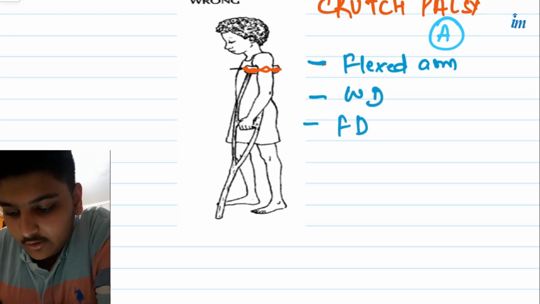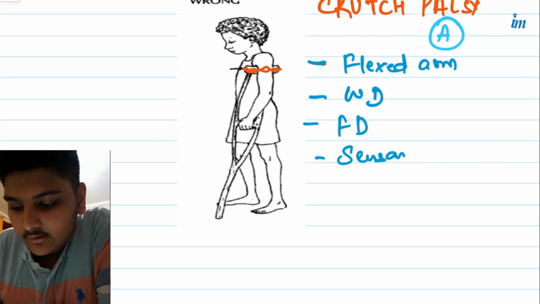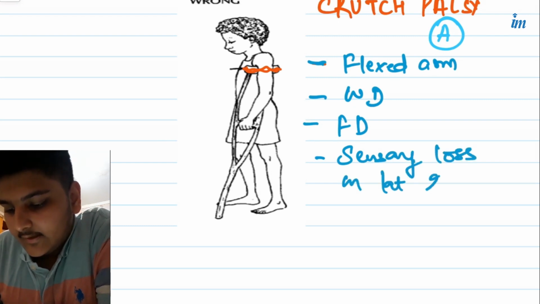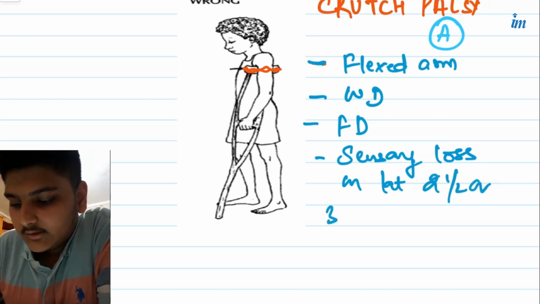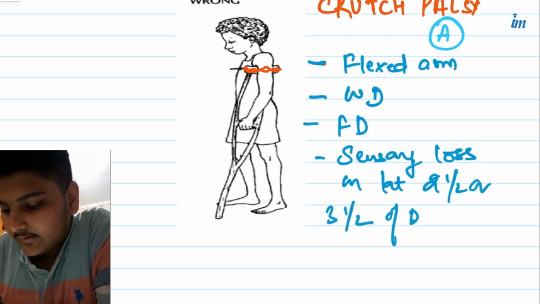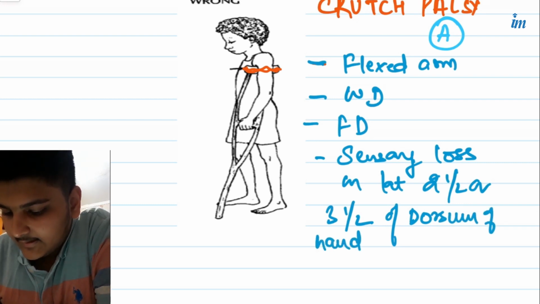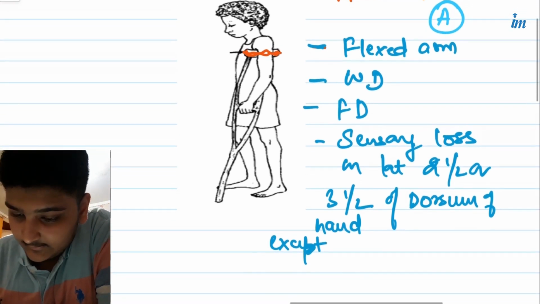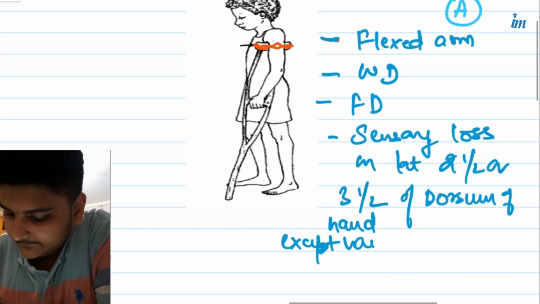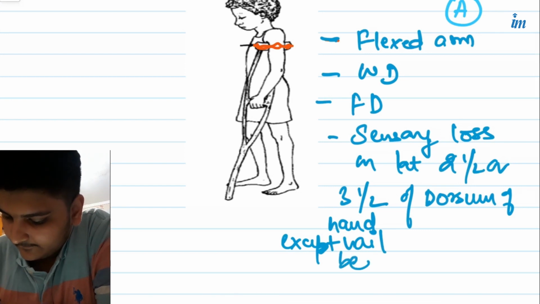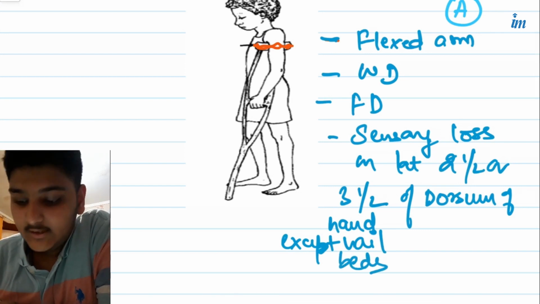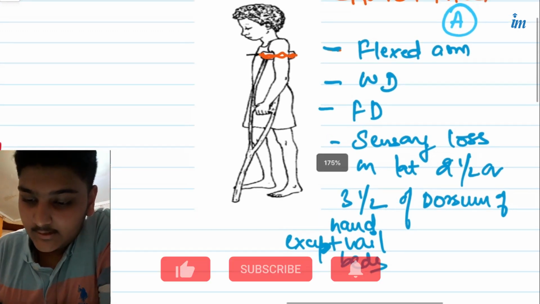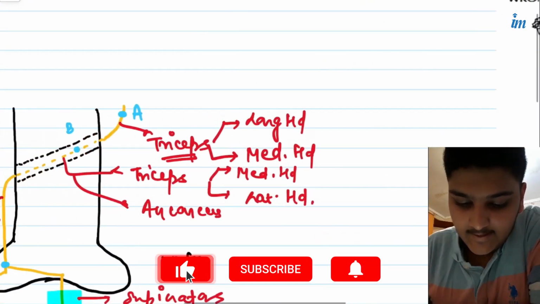There will be finger drop, and there will be sensory loss on the lateral 2.5 or 3.5 digits of the dorsum of the hand, except the nail beds. So this was the crutch palsy.